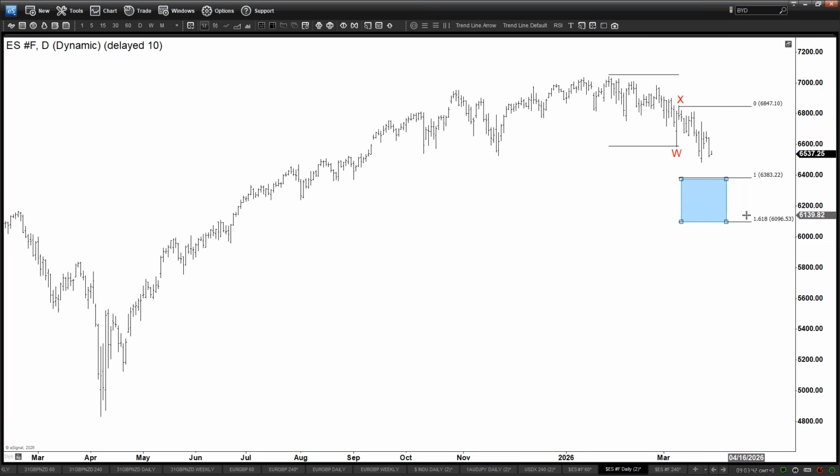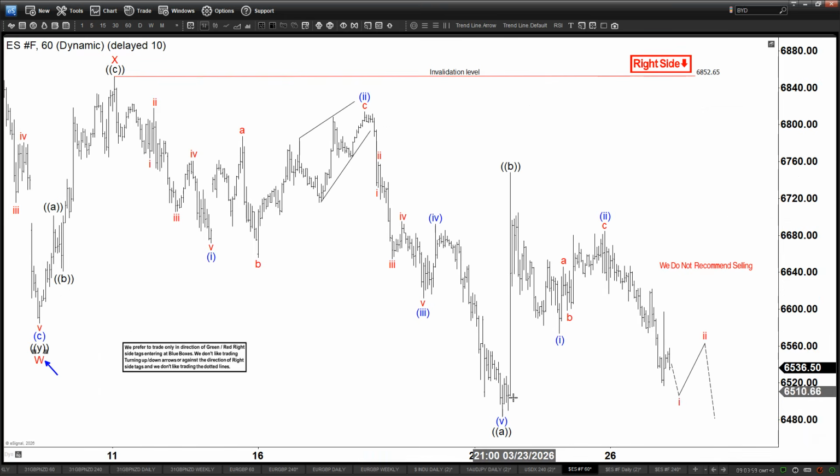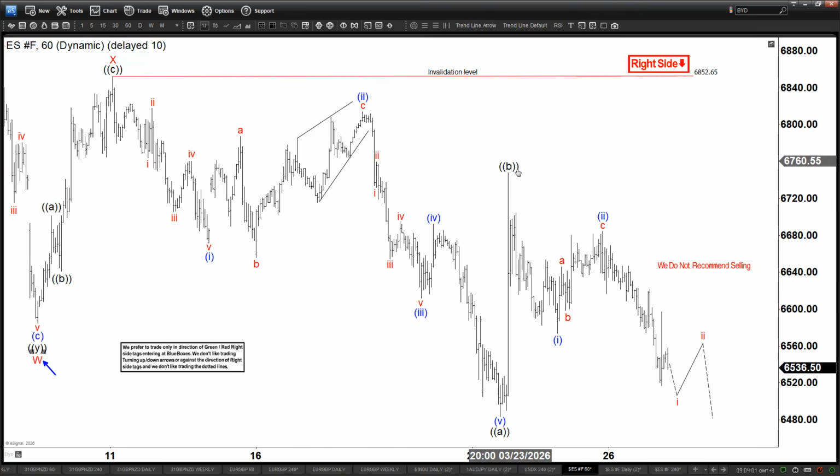So we're going to be looking for a downside target to around 63.91 and 61.10. Okay, so in the shorter cycle, we completed the P, and then now starting to turn lower again.